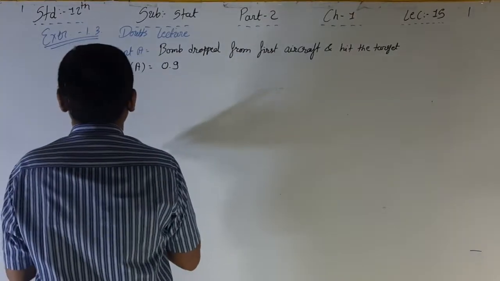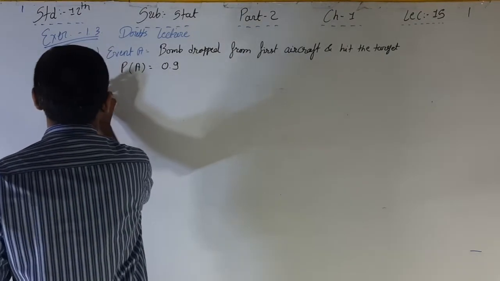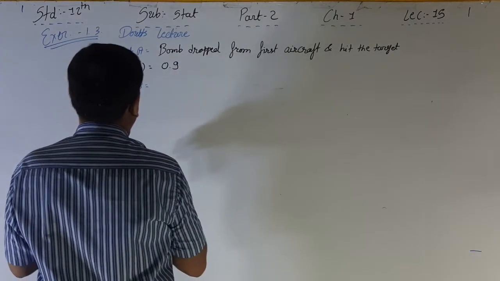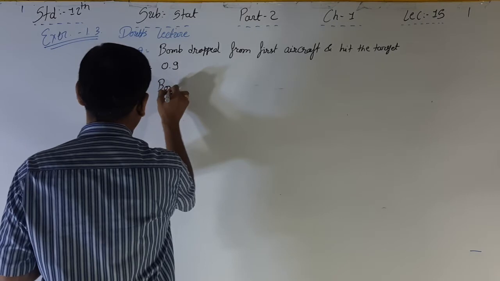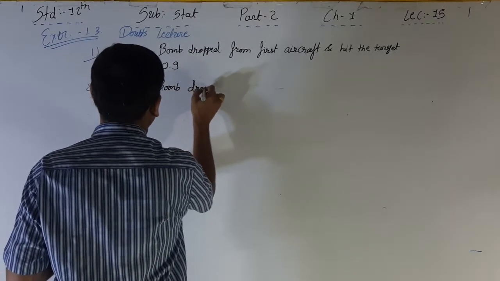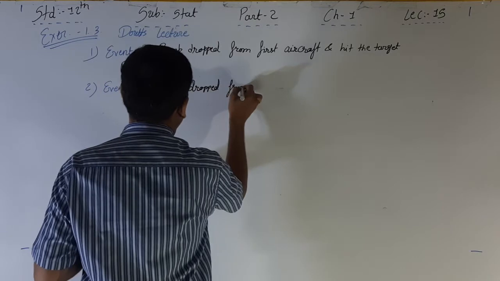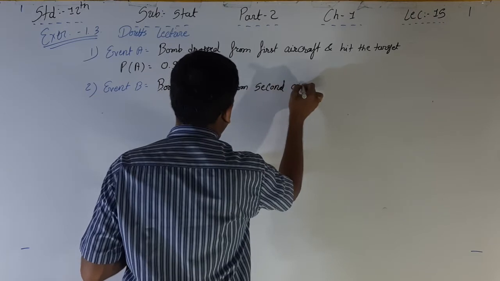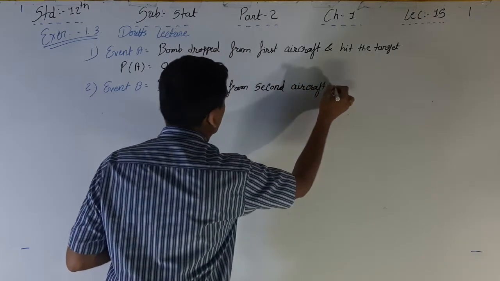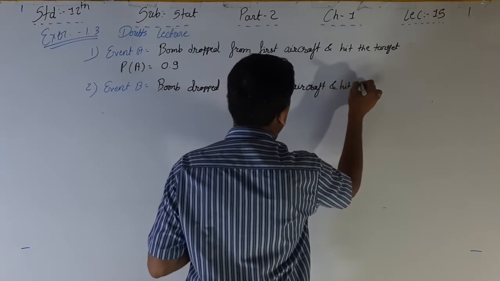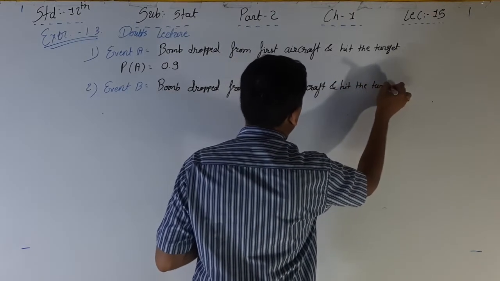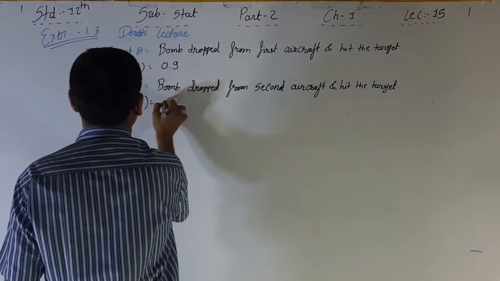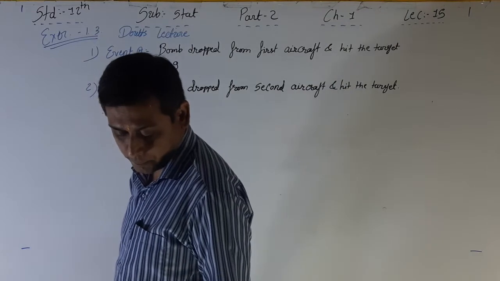Now event B. Bomb drop from second aircraft and hit the target. That is drop on a bridge. P of B, the second probability, is given 0.7.